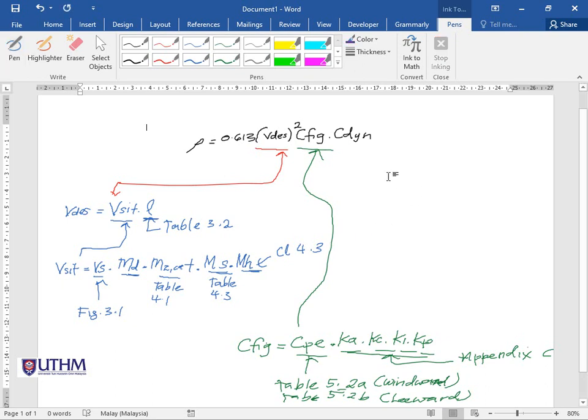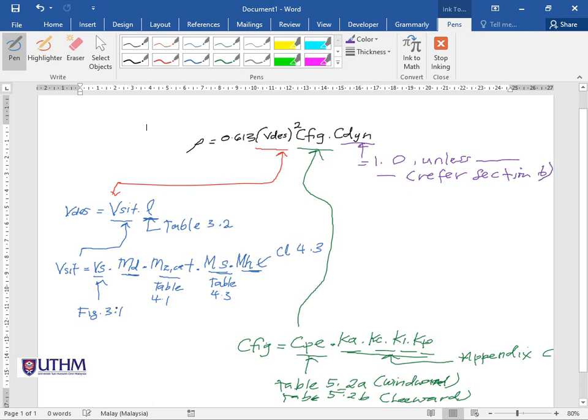Next, you determine this one, the dynamic response. This dynamic response is equal to 1, unless the structure is wind sensitive, and then refer to section 6.